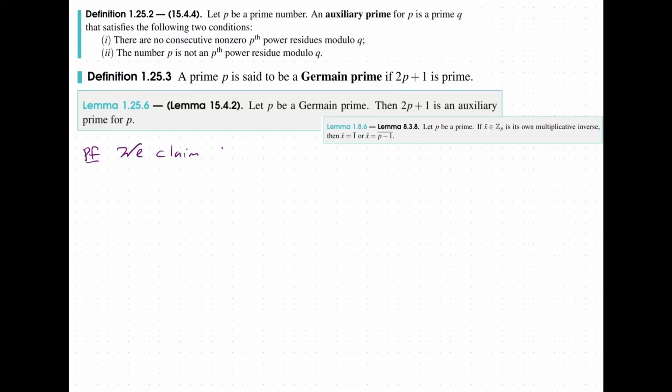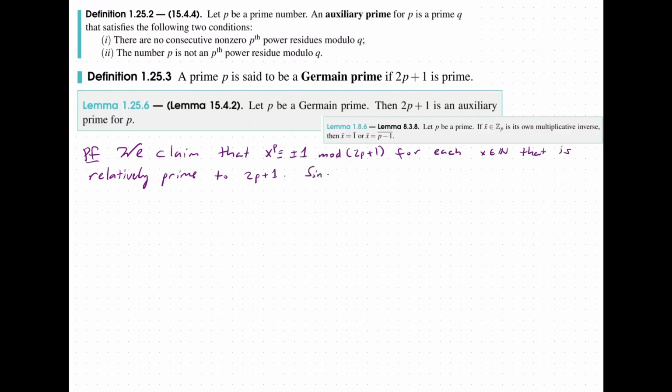So we claim that x to the P is congruent to plus or minus 1 modulo 2P plus 1 for each x in the naturals that is relatively prime to 2P plus 1.